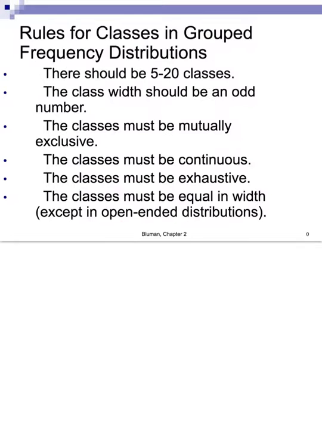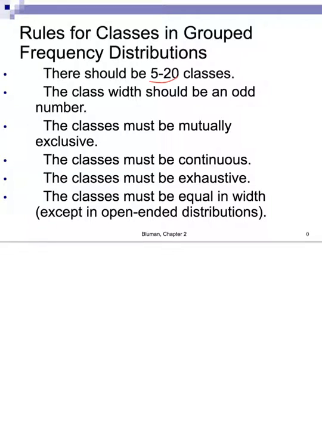It's that easy. Okay, so there are some rules when we create our grouped frequency distribution, and that is there need to be between 5 and 20 classes. You don't really want to go under 5 and you really don't want to go over 20. It just becomes way too cumbersome and too much information for somebody to digest.